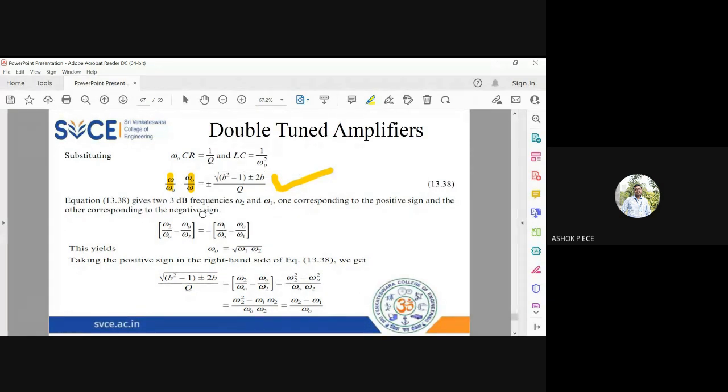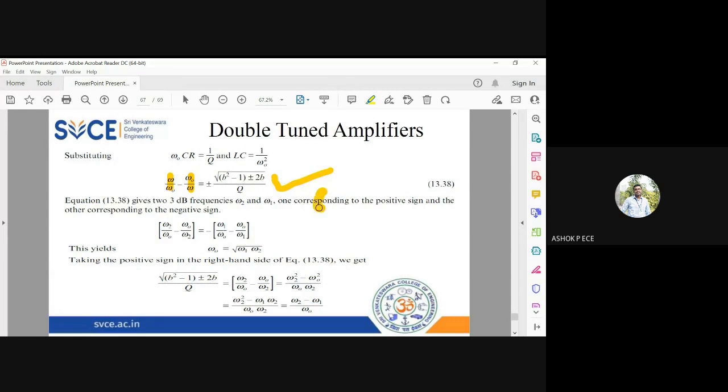Okay, so what we do: this term, omega by omega naught minus omega naught by omega, has two values, plus or minus, right? So when is it going to be plus and when is it going to be minus? When you consider omega 2, it is going to be positive. When you consider omega 1, it is going to be negative, because omega 2 comes after omega naught.